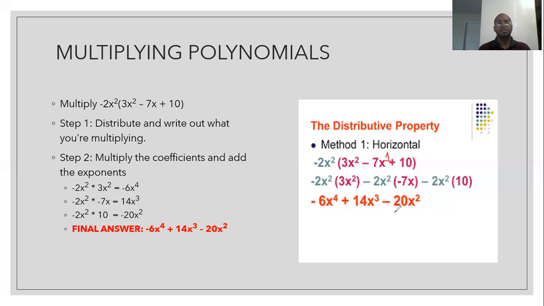Some students, when they get kind of a brain fog, and it happens, we all have them, they'll think, oh, that's a 0, because I don't see anything there. Well, that's incorrect. That is, in fact, a 1.